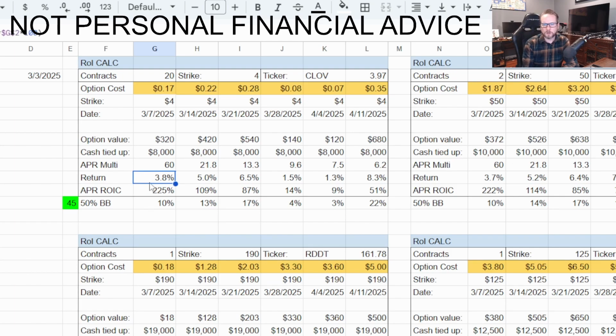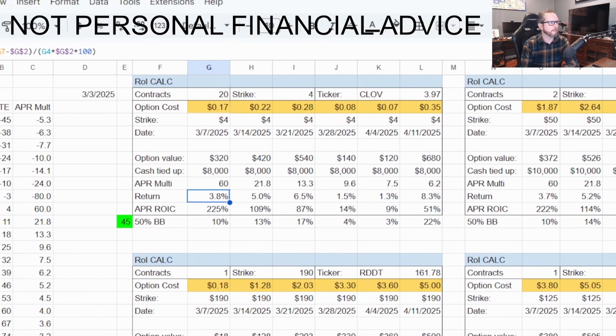So the way this works is 17 cents on a $4 stock, or if you do the math on the contract, $17 on a $400 contract, because it's lots of 100 shares, is going to give you an absolute return of 3.8%.